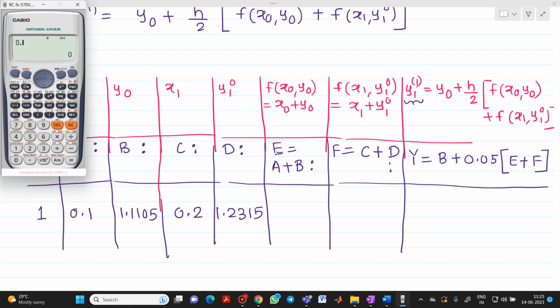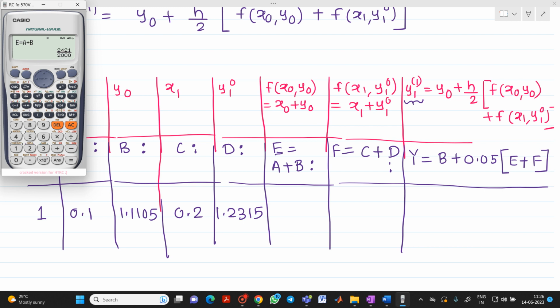A will be equal to 0.1, B will be 1.1105, C will be 0.2, and D, that is y1 of 0, will be 1.2315.